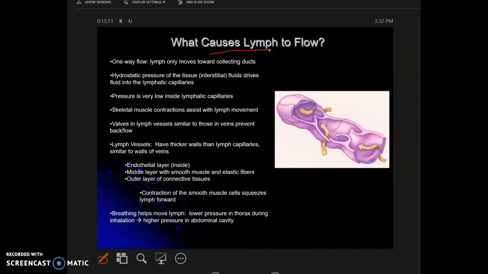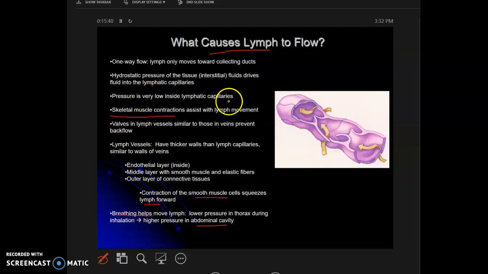What causes lymph to flow? So, of course, there are a couple of things. One is breathing. As you are breathing, inhaling and exhaling, the pressure changes will help to flow the lymph. Otherwise, also, it is the contraction of the smooth muscle cells that squeeze the lymph forward, and also skeletal muscle contraction.